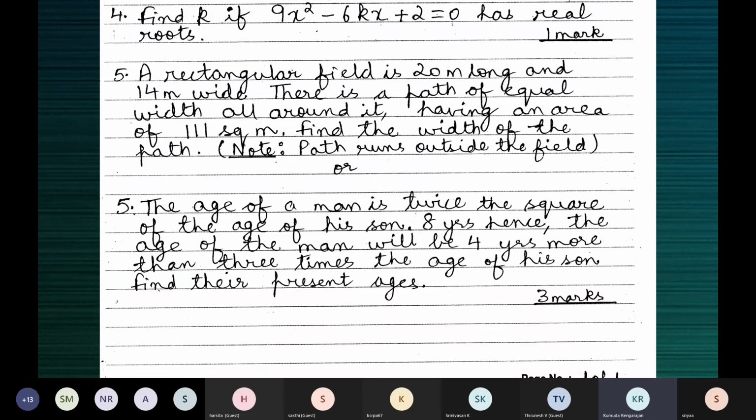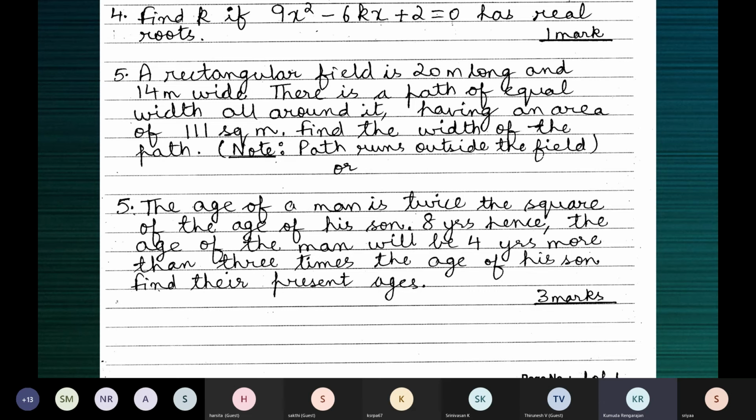Present age of son X. Present age of father 2x square. Because father is twice, that is 2 times, the square of the age of a son. The square of the age of a son is x square. Twice that is 2x square, and that's the father's age. 8 years hence, the son will be x plus 8 years.